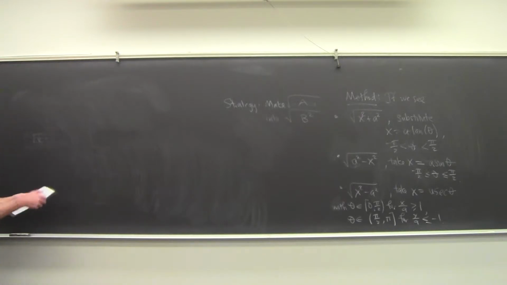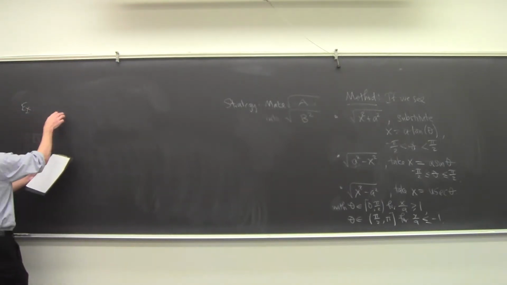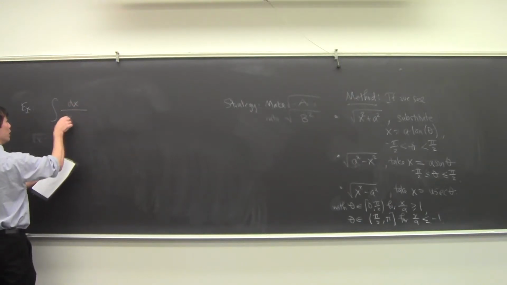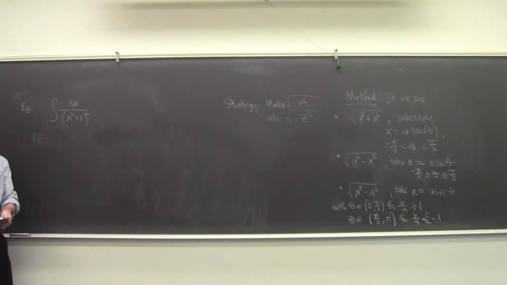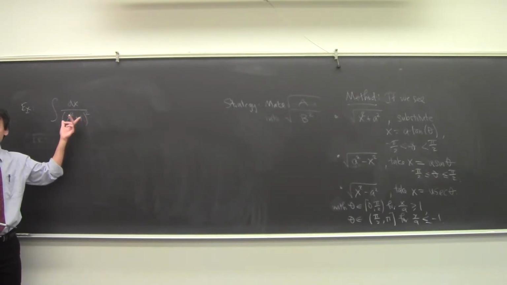Okay, so let me have you try one. Here it is: dx over x squared plus 1 quantity squared. Now this one doesn't even have a radical in it, so you might think, well, why am I going to use trigonometric substitution?